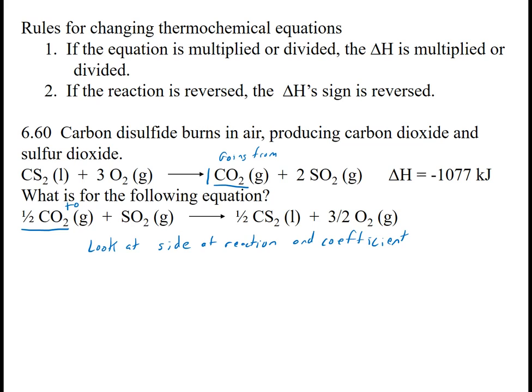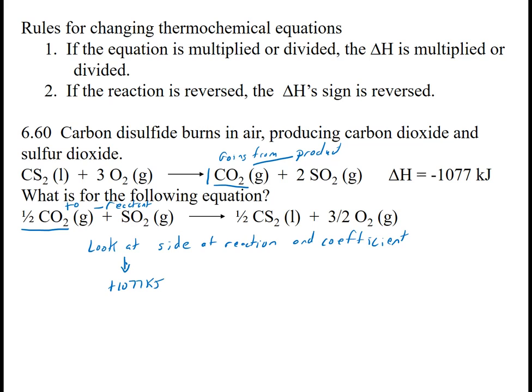Look at the side of the reaction. This is a product. This is a reactant. How do I go from a product to a reactant? I reverse the reaction. So by reversing the reaction, the delta H for this is going to be a positive 1077 kilojoules.